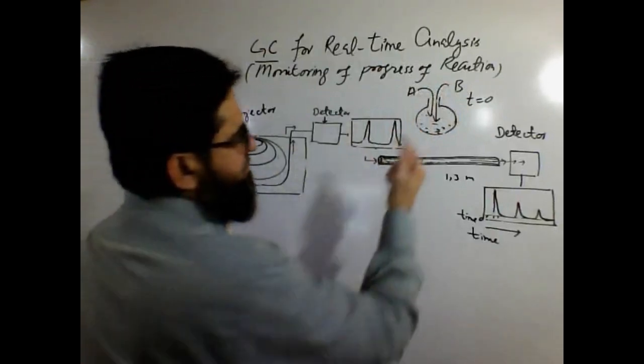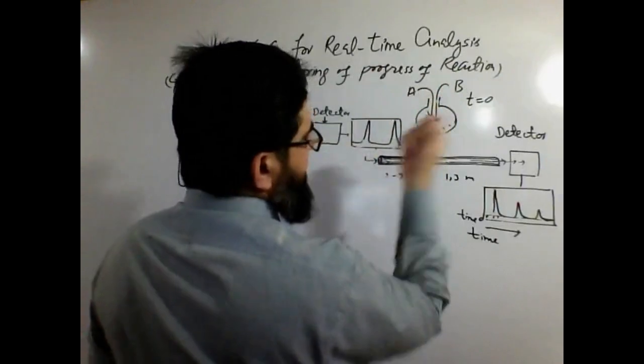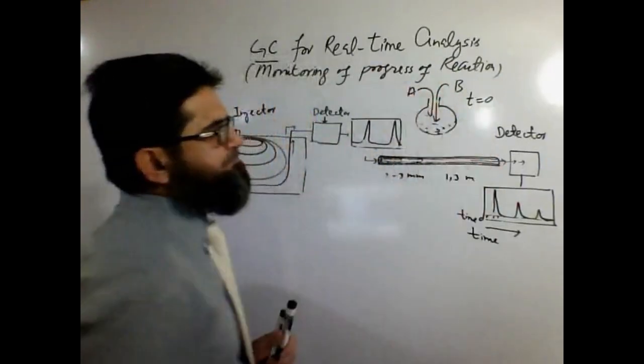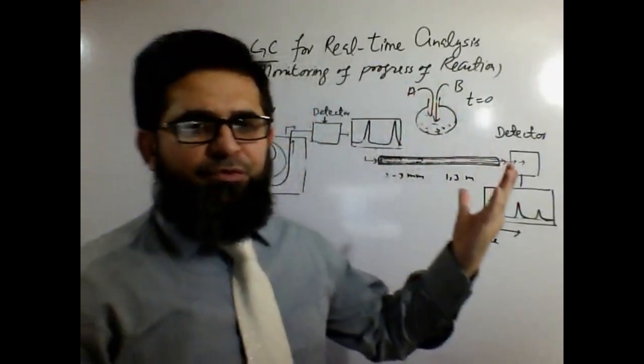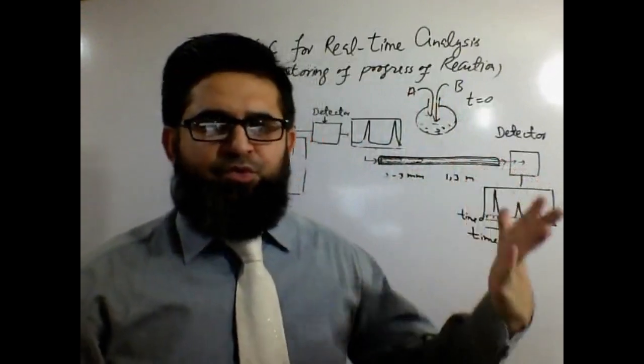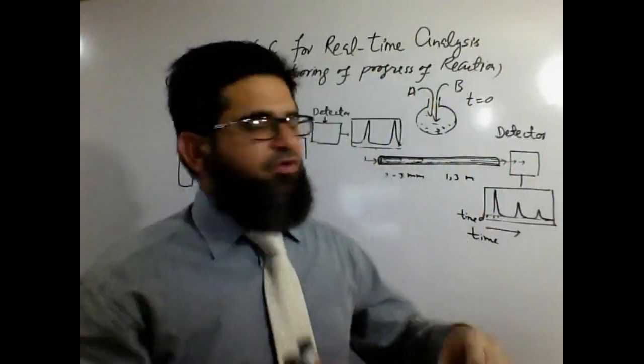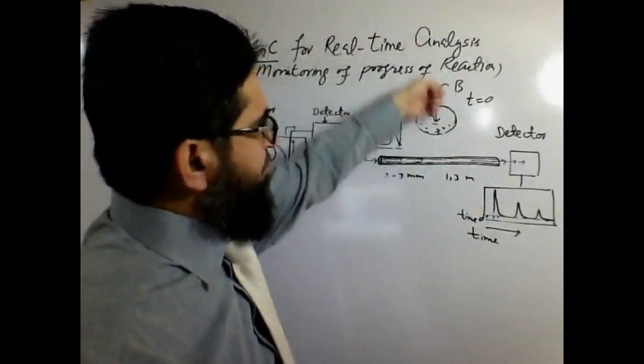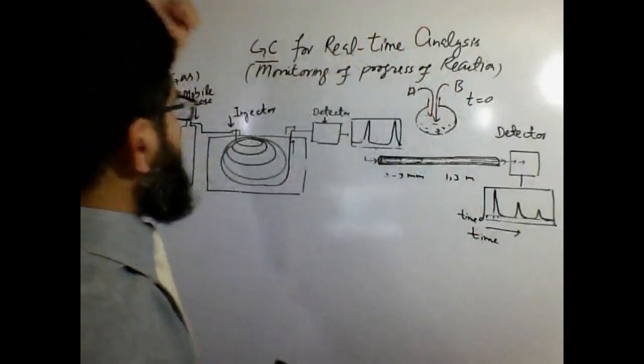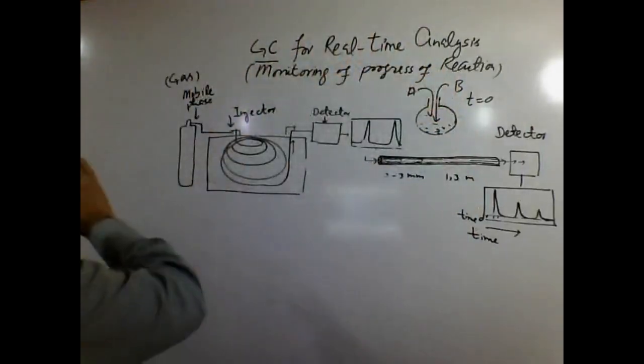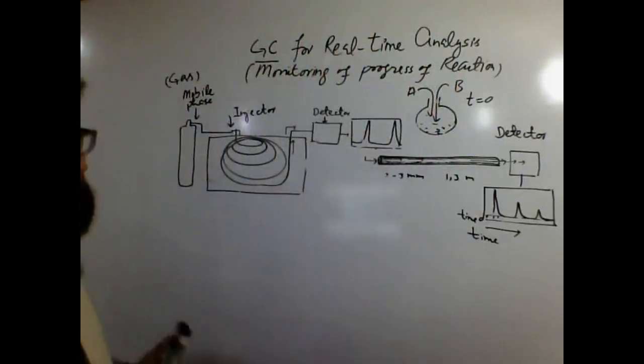Then we will put this flask on stirring. After a few hours, let's say 2, 3 or 4 hours, we will take another sample from this reaction mixture, inject it again, run it on GC again and see what happens now.